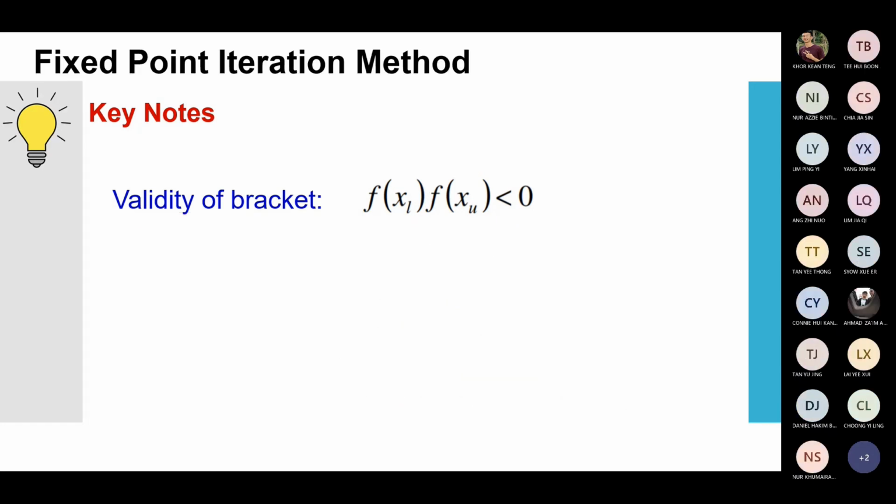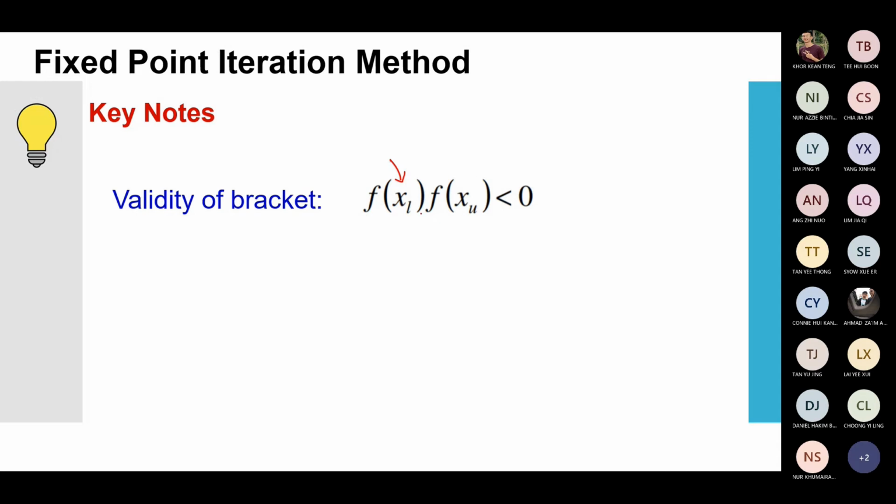Keynotes. So this is how we need to execute the bisection method. We must know the lower value, which we usually indicate as XL, where L stands for lower. Usually it will be given in the questions: in any problem, they will give you the domain. Based on the domain, we determine the boundaries.